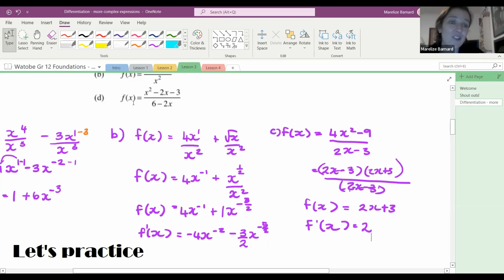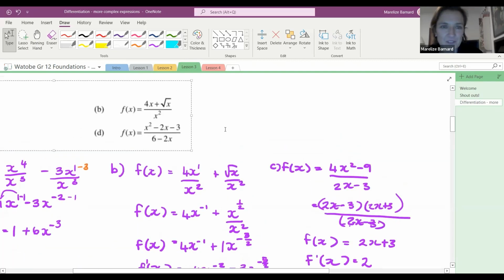Okay, and now lastly, we're going to do question D. That also needs factorizing. So I want everyone to try that one. We've got in the top x squared minus 2x minus 3 in the numerator. What is that? I hope everyone at home is going trinomial. Yes, so we're going to do a trinomial for this one.